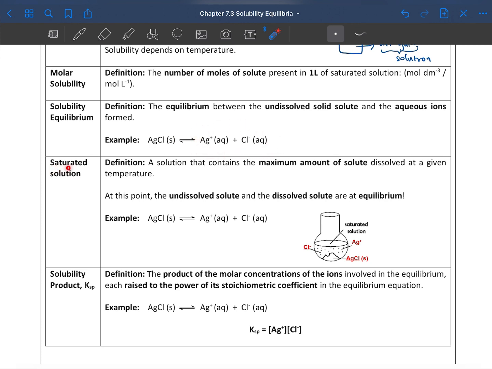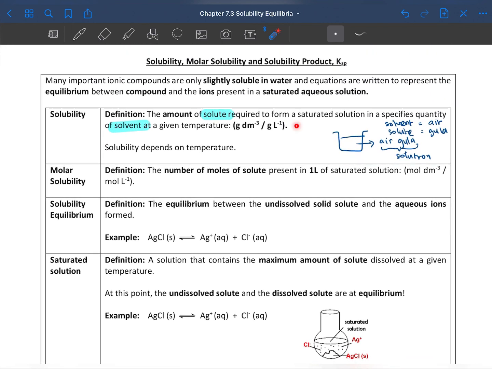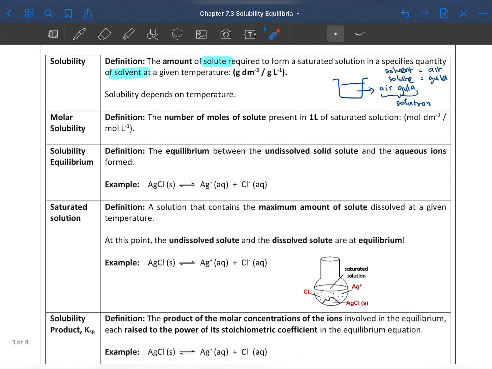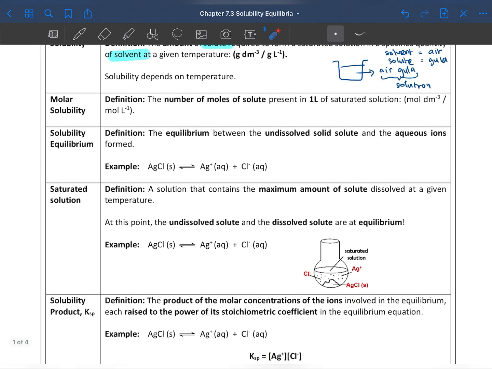Alright, and then saturated solution. Tadi kita ada jumpa perkataan saturated solution over here, tapi saya tak explain lah apa benda tu saturated solution. In Malay, saturated means tepu, solution yang tepu. So kenapa dia tepu? A solution that contain a maximum amount of solute dissolved at a given temperature.